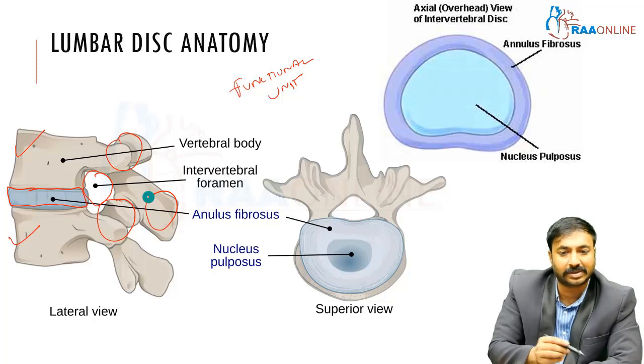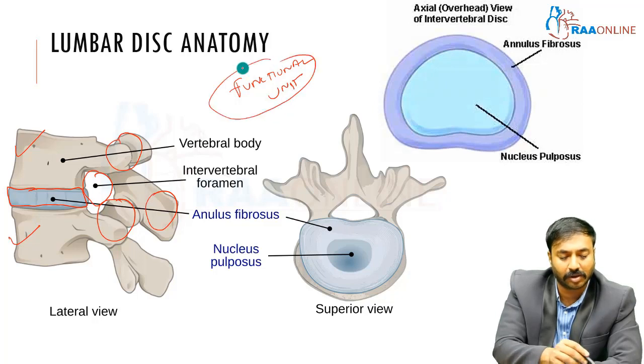So this produces degrees of movement. That's why this is called a functional unit. When you are talking about a functional unit, all the space between 2 vertebrae, the disc is involved, the above and below vertebra are involved, and the facet joints which help in movement, everything is involved. So that's called a functional unit.